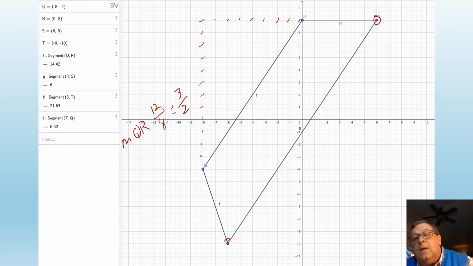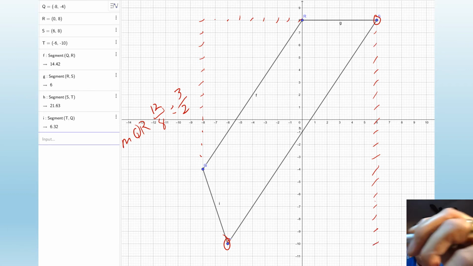All right, well, let's check then its opposite side, which is ST. Let's check the slope on that. Down 1, down 2, down 3, down 4, down 5, down 6, down 7, down 8, down 9, down 10, 11, 12, 13, 14, 15, 16, 17, 18.